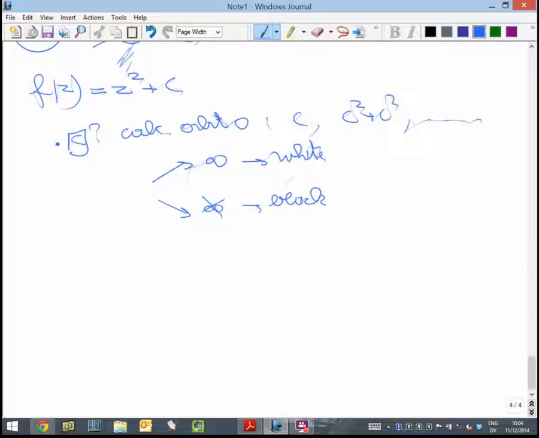And if you like a bit more colors in your life, rather than having just two colors, black and white, you could, for example, replace white by different colors depending on the speed at which it runs away towards infinity. So this gives you some nice colorful figures, which I'm sure you've seen before.